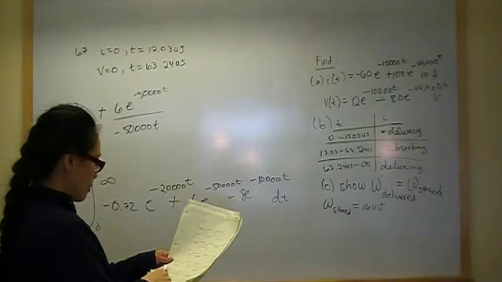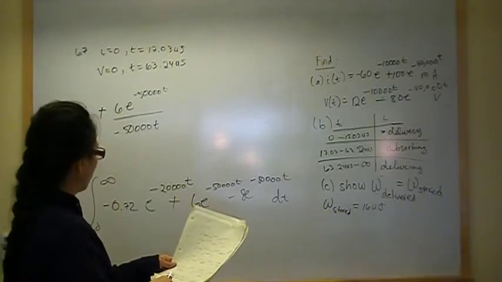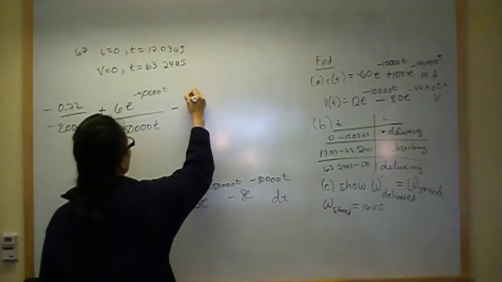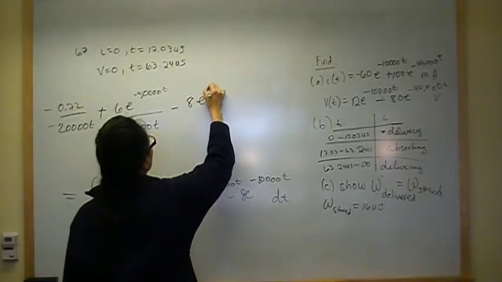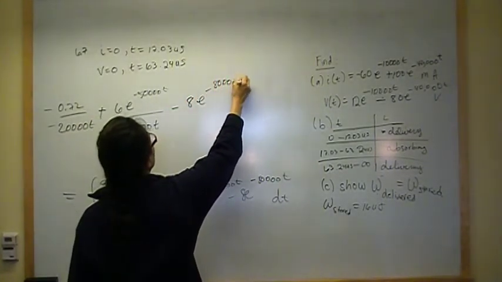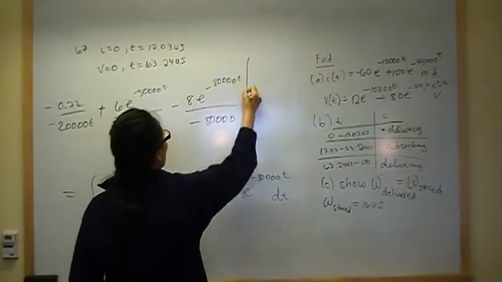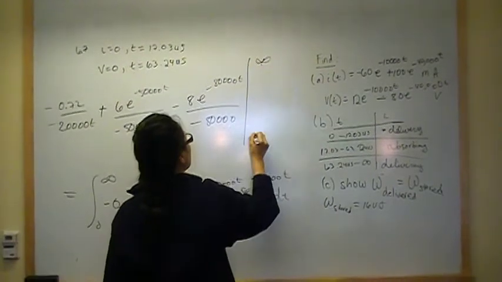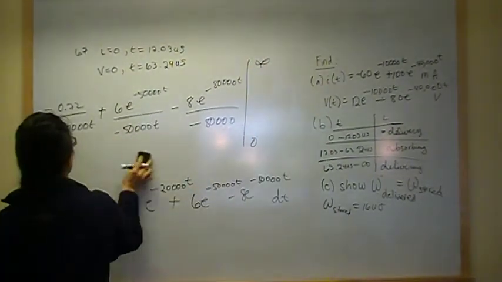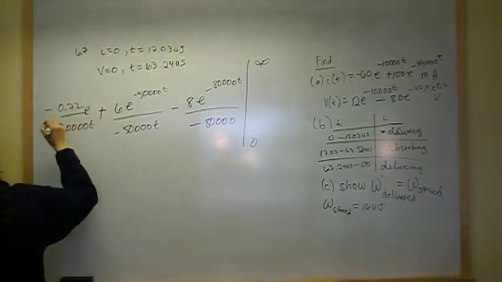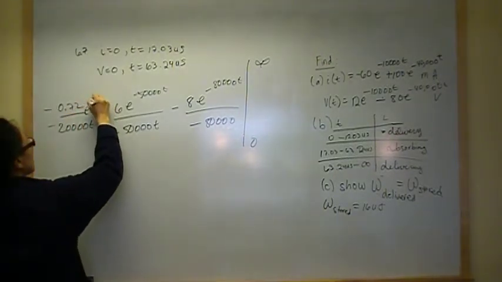Negative, positive, positive, negative, positive. Okay, and then this will give me negative 8 e to the negative 80,000 t over negative 80,000. We're going to integrate that from 0 to infinity.